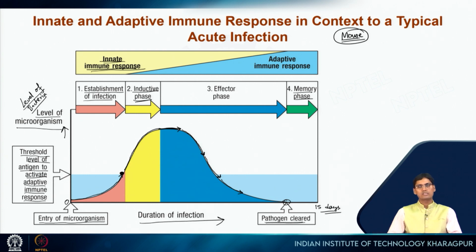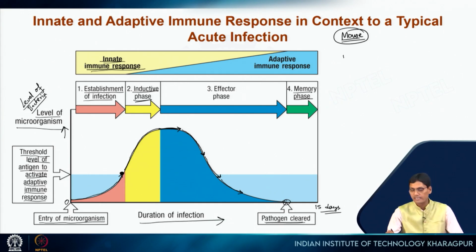Which one will survive better, the mouse that lacks the innate immune system, or the mouse that lacks the adaptive immune system?